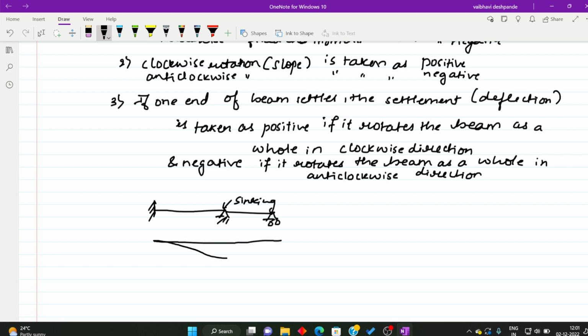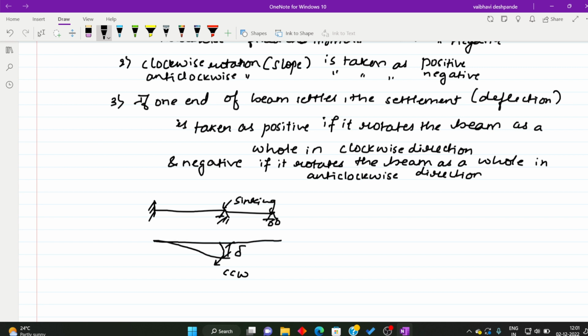The axis of the beam is going down like this, so from the axis of the beam you have to go towards the sinking or settlement. It will be clockwise.